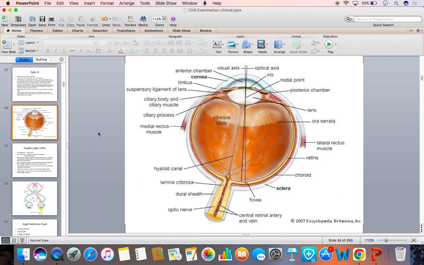Then look at the eyeball. It has three layers. The outer layer is the sclera, the middle layer is the choroid, and the inner layer is the retina.